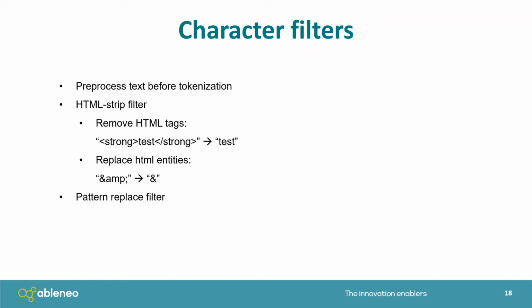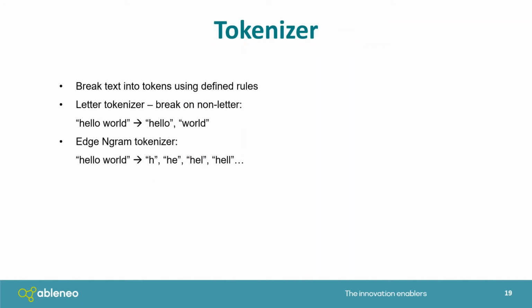After character filtering, the tokenizer takes place. The tokenizer breaks text into tokens using a defined set of rules. The most obvious tokenizer rule is splitting on space, so hello world is split into hello and world. Again, Elasticsearch contains several prepackaged tokenizers like the letter tokenizer, which breaks on non-letter characters, and the edge n-gram tokenizer, which is very useful for the search-as-you-type feature because it breaks text from the beginning up to a defined length.